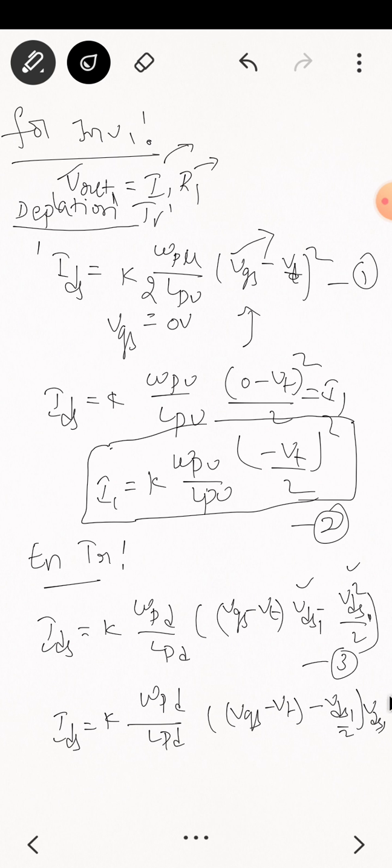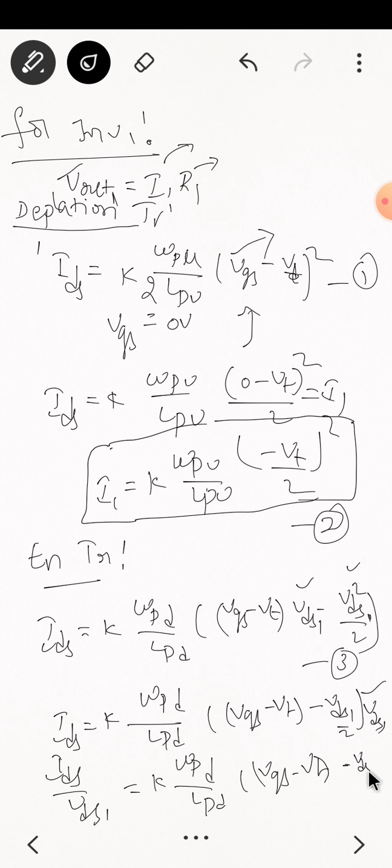Up to now clear? I am bringing VDS1 from the right side to the left hand side. This will become IDS by VDS1 is equal to K into (W_PD by L_PD) into (VGS minus VT minus VDS1 by 2). This is the equation.